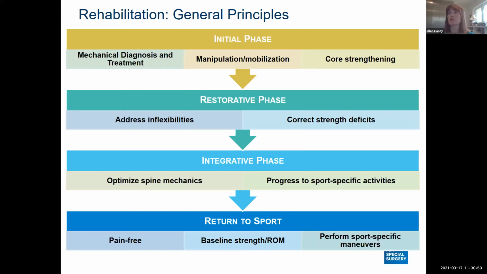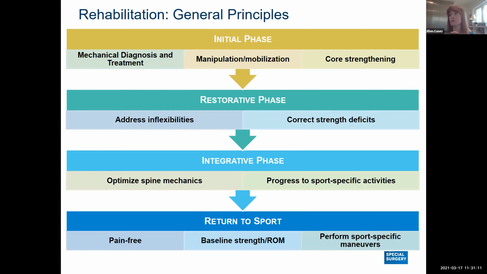One of the things that can be tricky is if you have an athlete, let's say with flexion-based pain, they might get the messaging that I should never flex. And if I flex, it will hurt my disc, which of course you have to flex your lumbar spine to return to pretty much any sport we can think of. So initially you might avoid flexion to reduce pain.